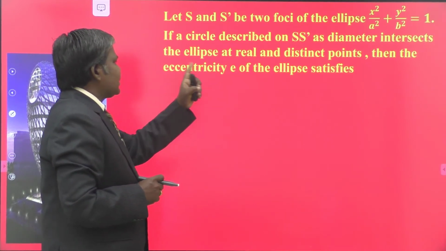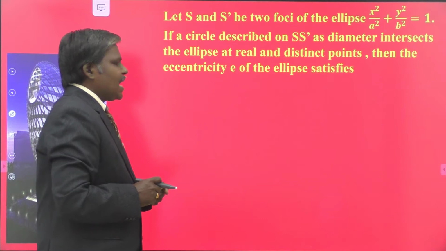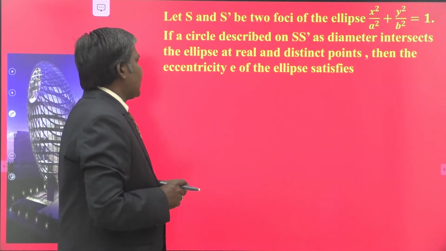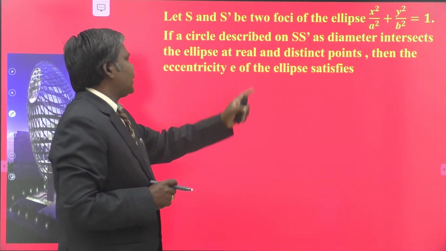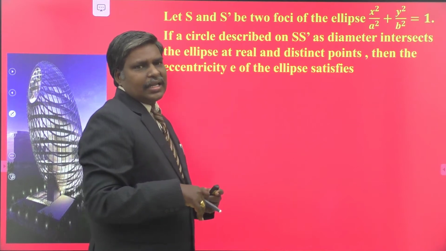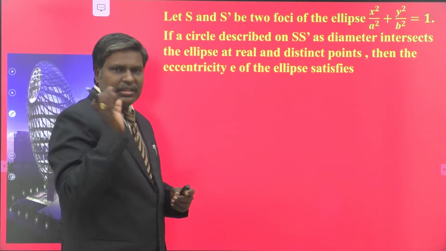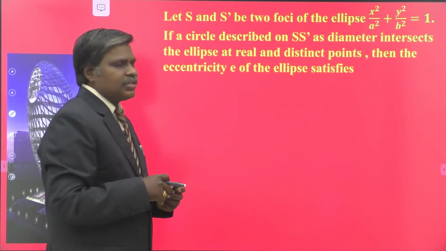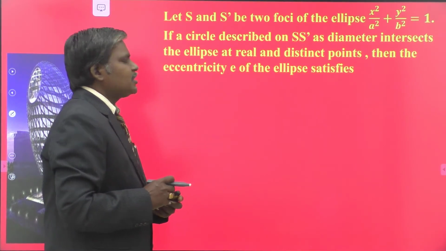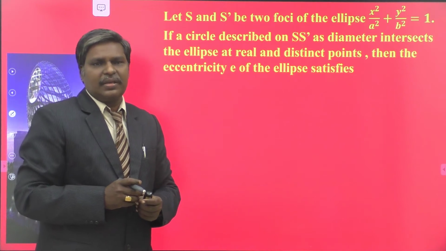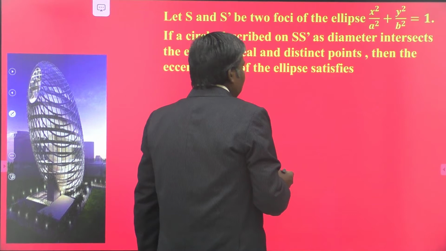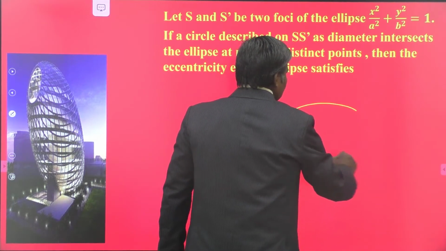If a circle described on SS dash as diameter intersects the ellipse at real and distinct points, so we are constructing a circle on SS dash as diameter, and that circle intersects your ellipse at 4 distinct points, then the eccentricity e of the ellipse satisfies which condition is what they are asking. So consider an ellipse x square by a square plus y square by b square is equal to 1. This is your ellipse.